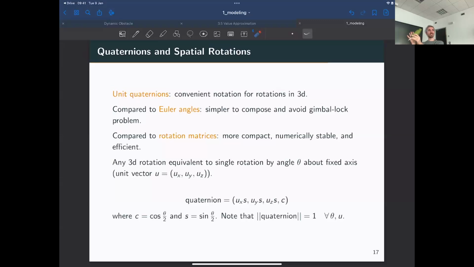This is just a fact. Imagine this axis, we call it U, and the angle of rotation, we call it theta. Then the corresponding quaternion would be this 4-dimensional vector, where C and S are the cosine and sine of theta over 2, and ux, uy, and uz are the 3 elements of the rotation axis.